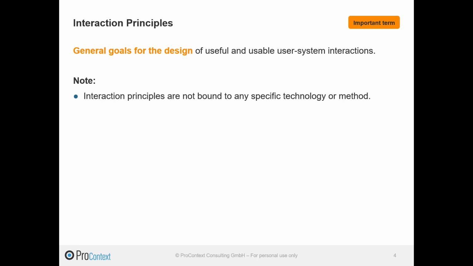At the same time, it results in the interaction principles being rather abstract. And you will see that probably in a minute when we go through them. We will follow an international standard which defines exactly 7 interaction principles. They are generally accepted and always applicable.